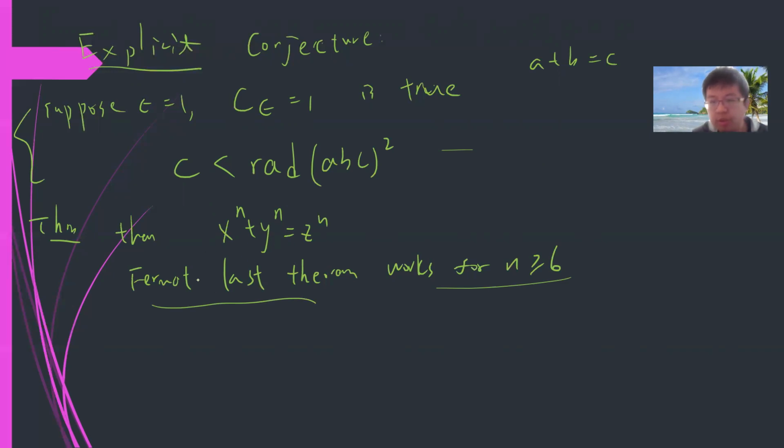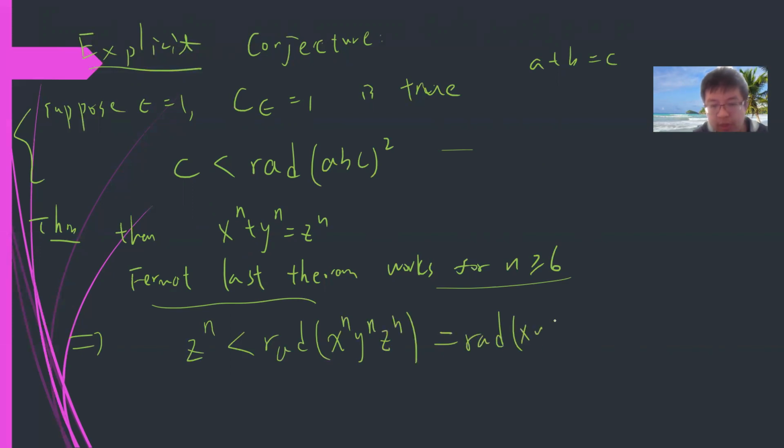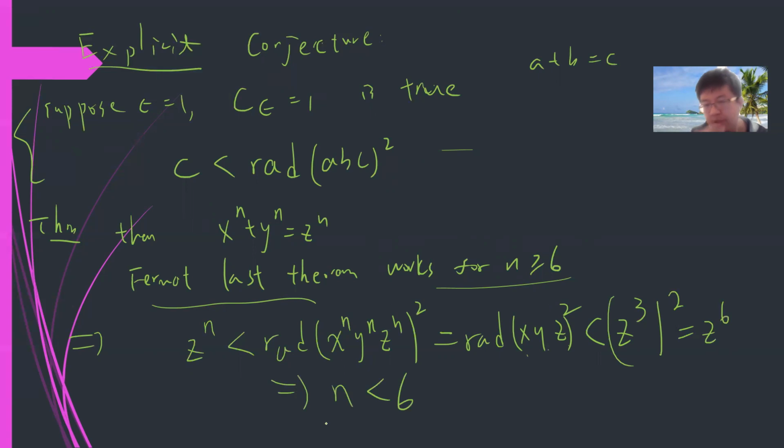Suppose this is true, then you get z to the n less than the radical of x^n y^n z^n, which is the radical of x, y, and z, which is less than z cubed, squared, so it's z to the 6. This proves that n should be less than 6.